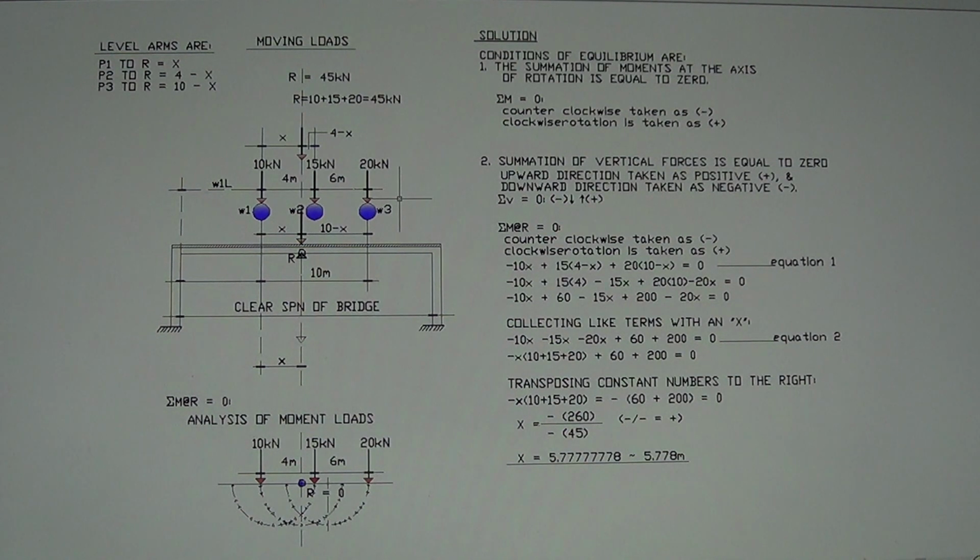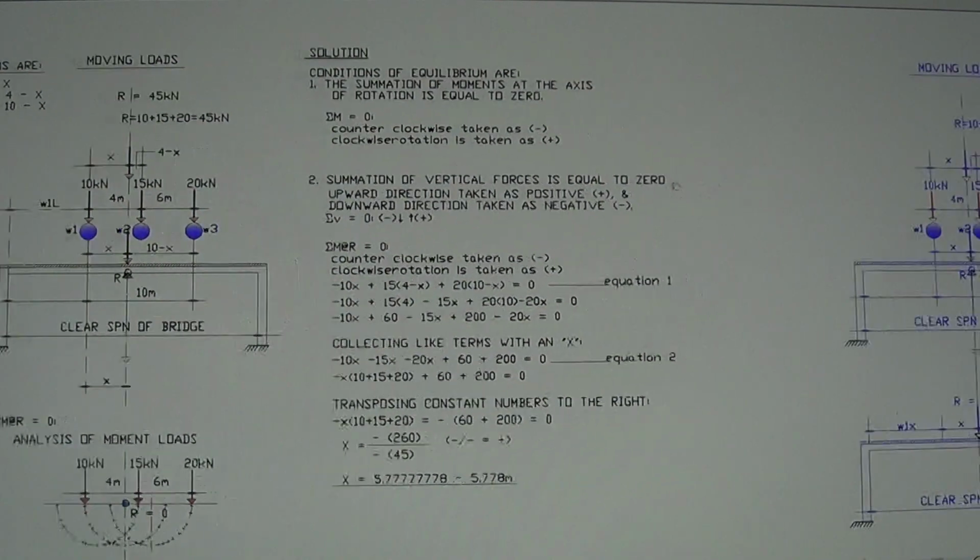As I said before, in this classification of loads, you don't need to solve the shear and reactions for all 3 wheels. You only need 1, the resultant force applied to the bridge. I don't know if I can show you something here.